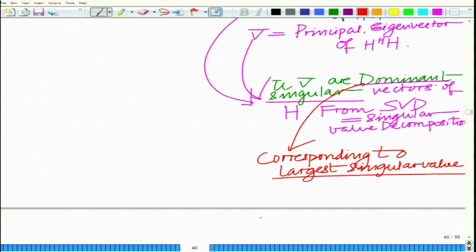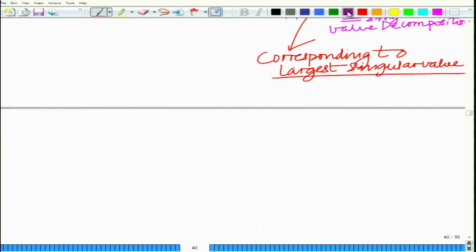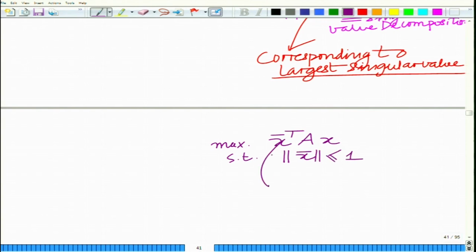In this context we have also seen a very interesting optimization problem. If you take a positive semi-definite matrix A and maximize x bar transpose A x bar subject to the constraint norm x bar equal to 1, or norm x bar less than or equal to 1, then x bar equals the principal eigenvector, provided A is positive semi-definite.